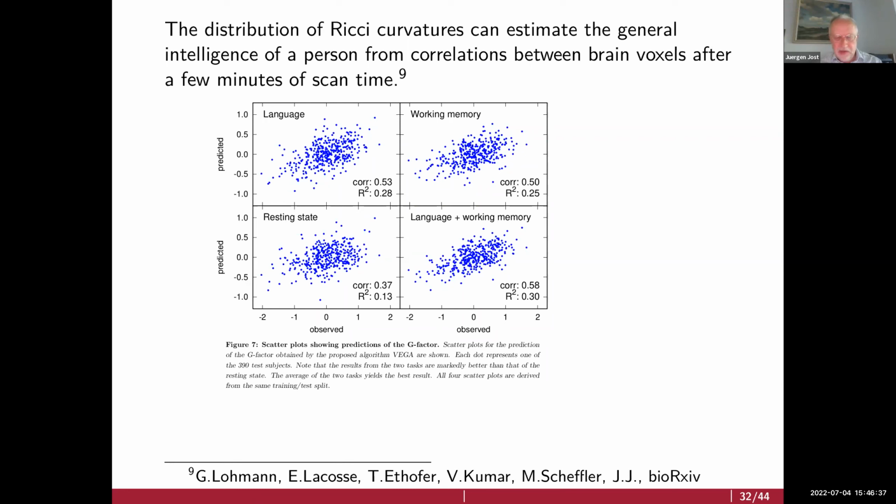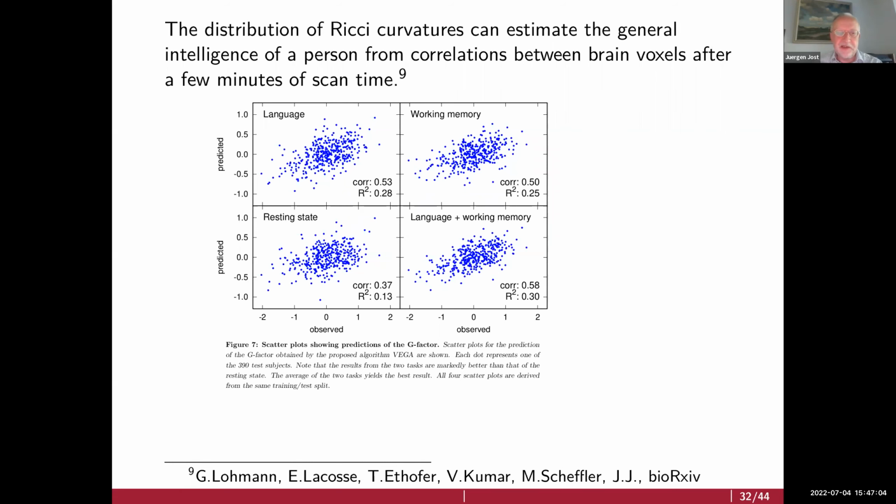So that in these plots indicates the correlation patterns and the correlation values. And of course, other people have done that with other methods, but with our method, the very simple evaluation of this Ricci curvature, we get better results, that is, better predictions of the general intelligence of the person in the scanner than other methods did.